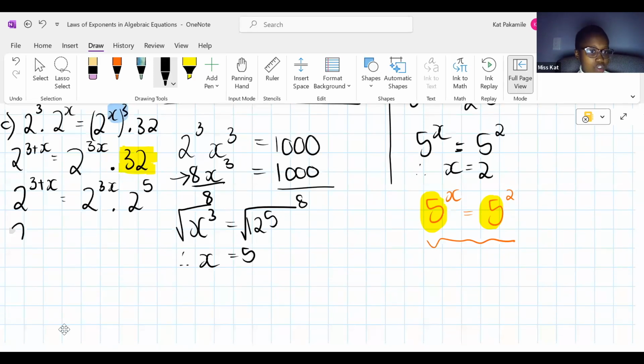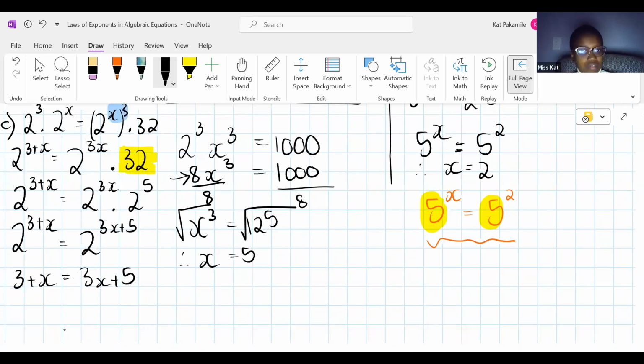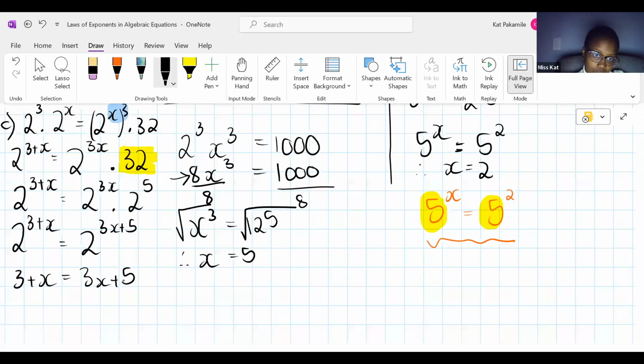Okay, let's first do the adding step. So I'm going to say 3 plus x equals 2 to the power of 3x plus 5. Then we cancel bases. So then 3 plus x is equal to 3x plus 5. Now, how do we solve for x? Then we can transpose the 3x to the left, then it's going to be x minus 3x, and then transpose the 3 to the right hand side, it's going to be 5 minus 3.